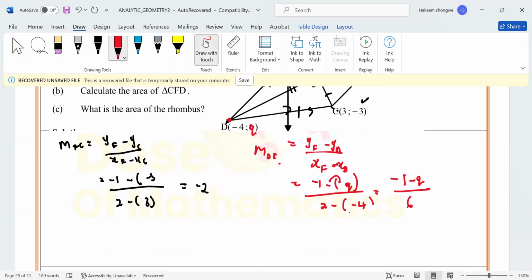I am going to have M of FC multiplied by M of DF. These are going to give us -1. So this is DF, okay? And then we know M of FC is -2. Yes. Multiplied by M of DF, which is -1 minus Q all over 6, which is going to be equal to what?